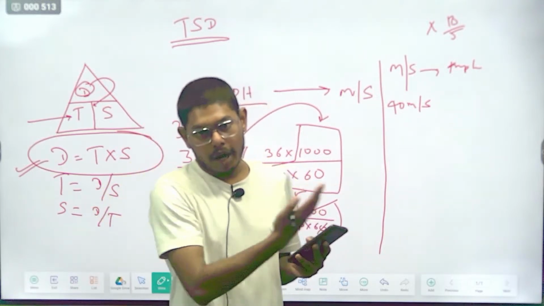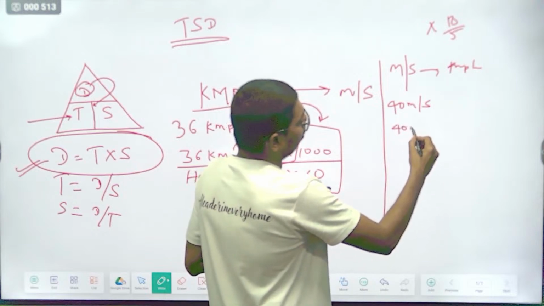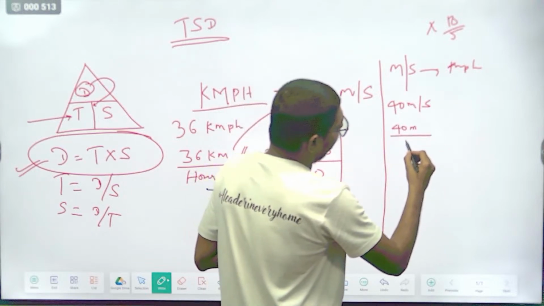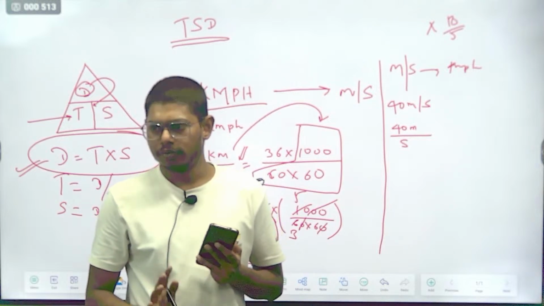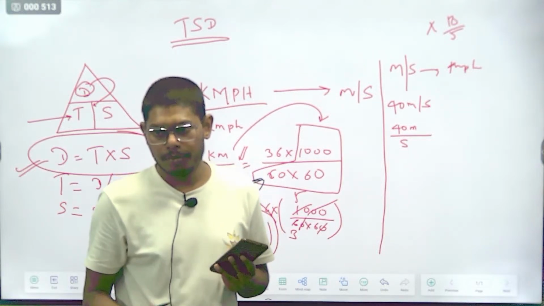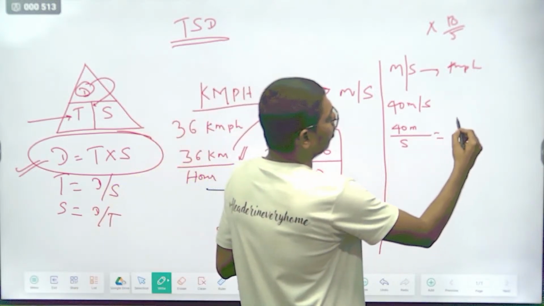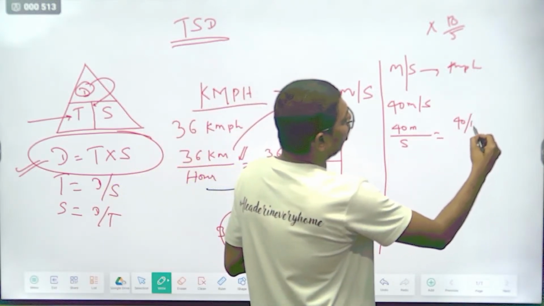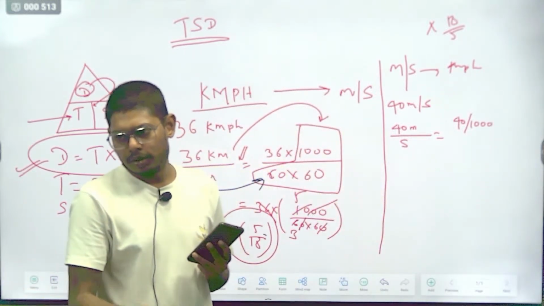But why is it happening? This is what? 40 meter divided by second. Yes or no? 40 meter means how many kilometers? 40 divided by 1000. Yes or no? 0.0 whatsoever number.